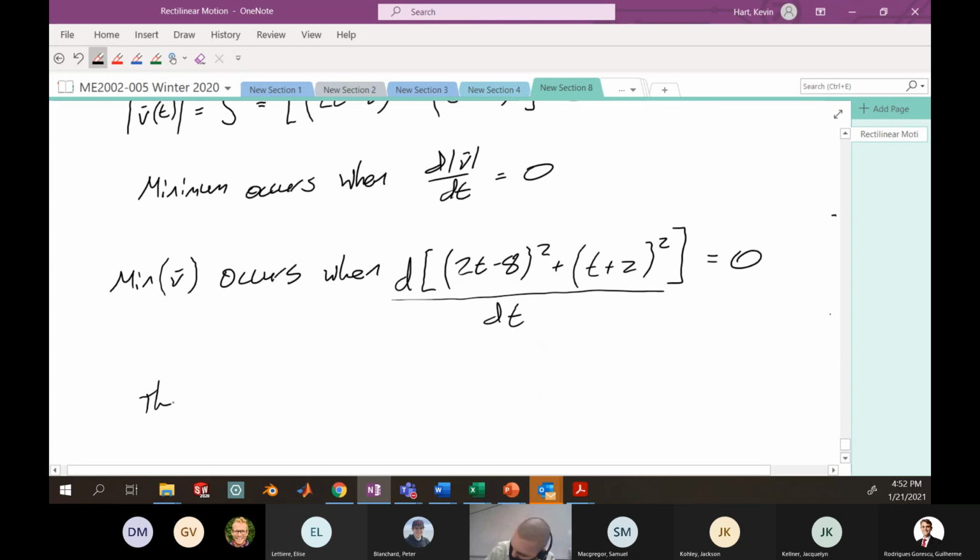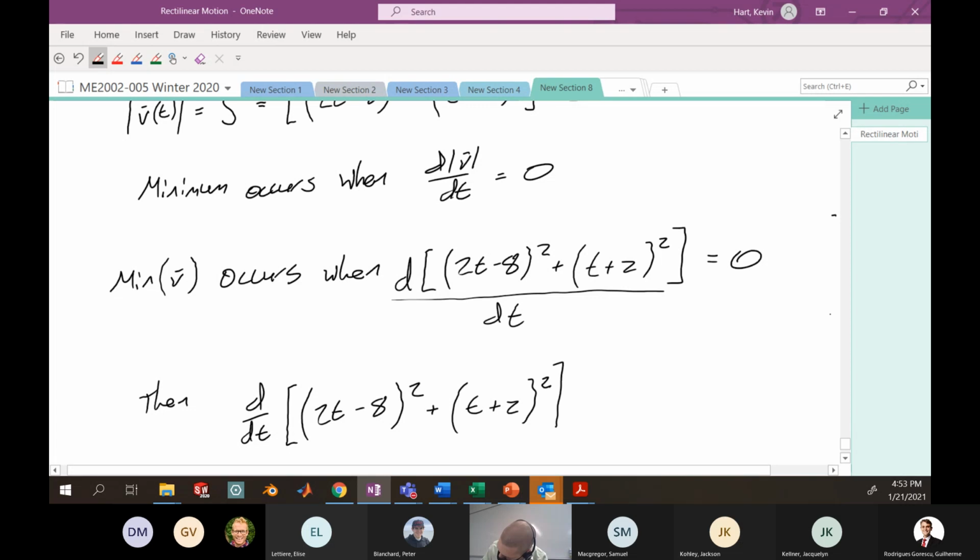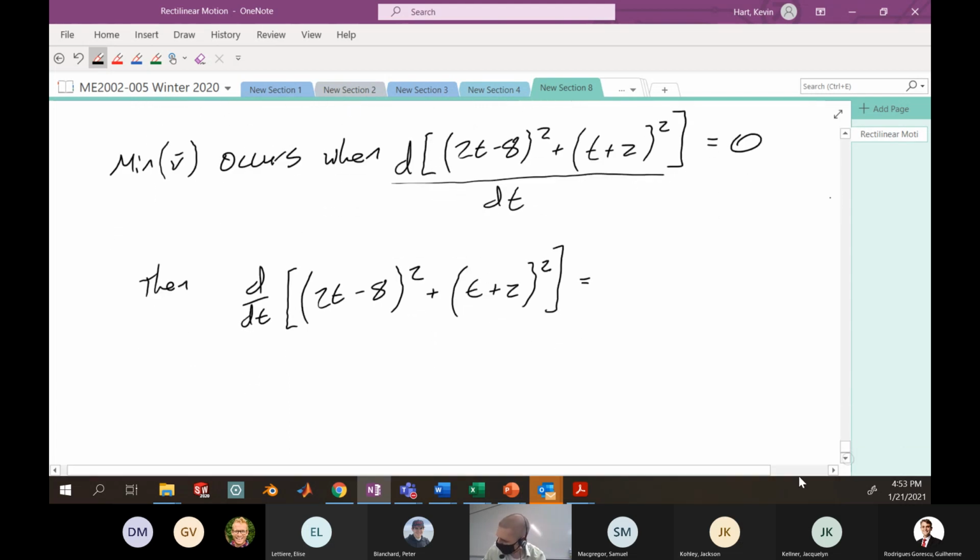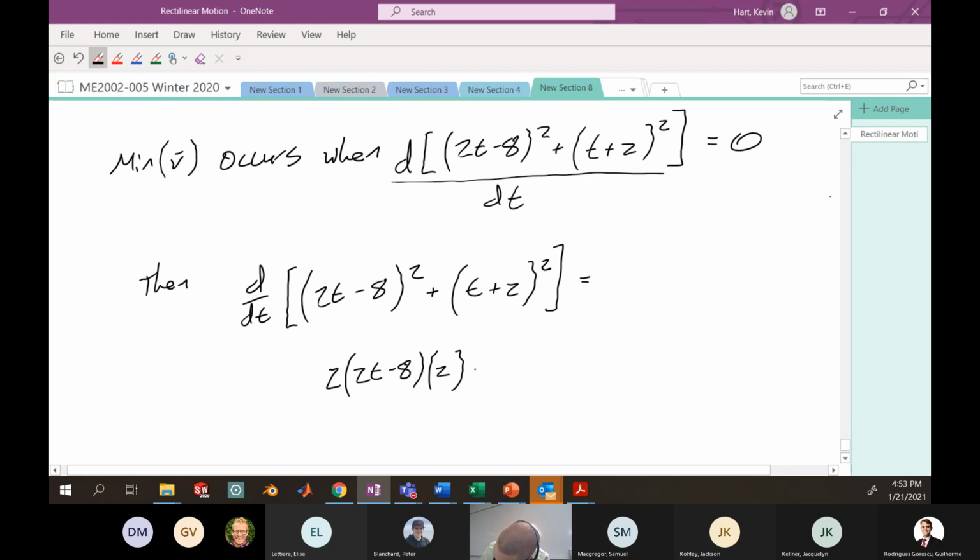So then, the time derivative of all this stuff is going to look something like the outside times the derivative of the inside plus derivative of the outside times derivative of the inside equals 0.